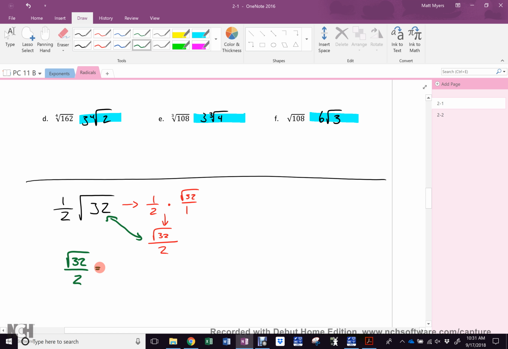You'd simplify. That's 16 times 2, so it's 4 root 2 over 2. And then what do you see right there? Just like in exponents, 4 divided by 2 is 2, and I get 2 root 2. Everybody cool? This step, for some reason, is tough for you folks to see.